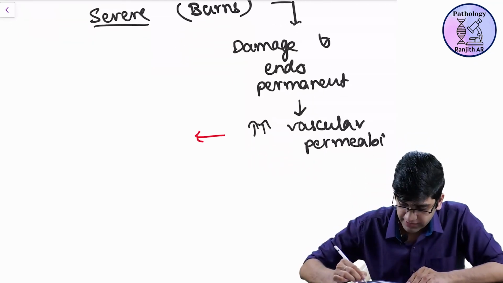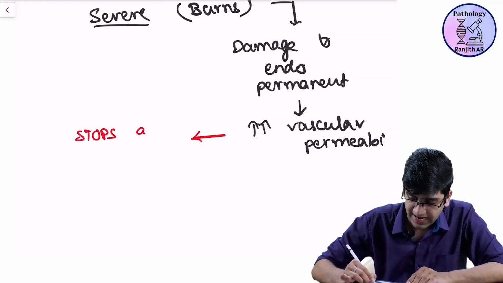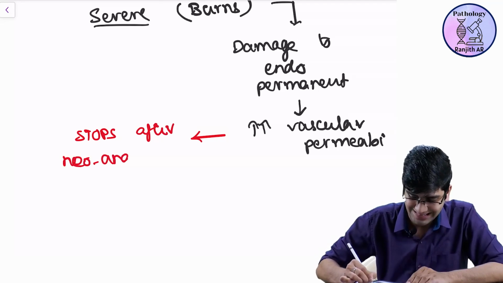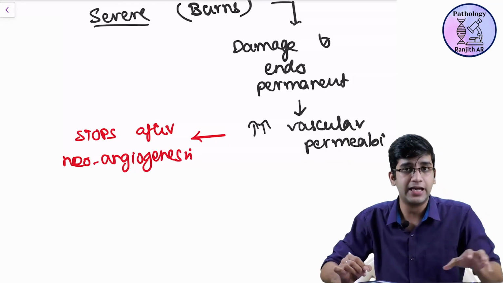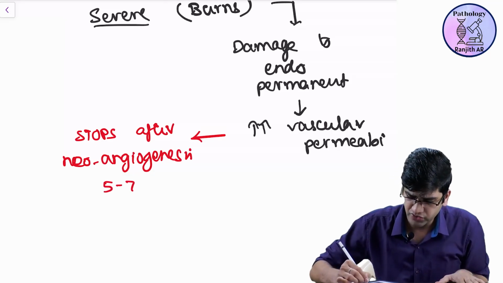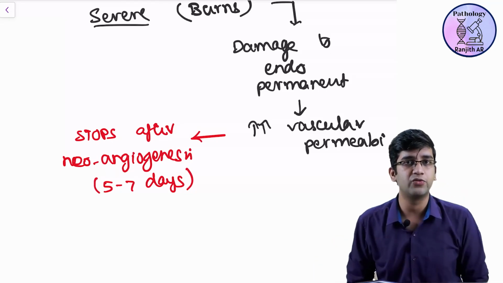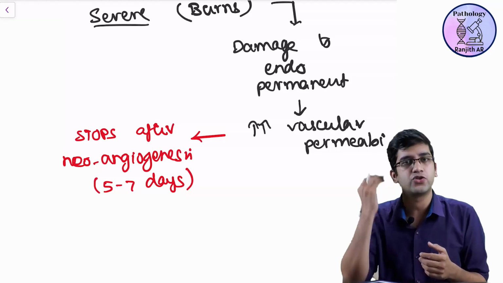It stops after neoangiogenesis. Till that time, it's not going to stop, so I'm going to have a leakage. Neoangiogenesis will easily take 5 to 7 days. So the first week is very, very critical for burns because of irreversible damage, completely destroyed, right?